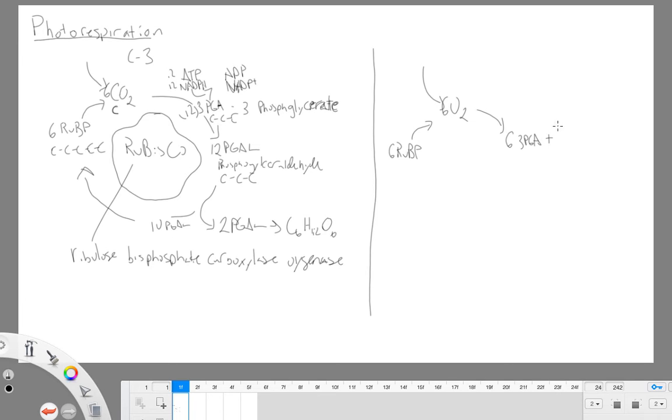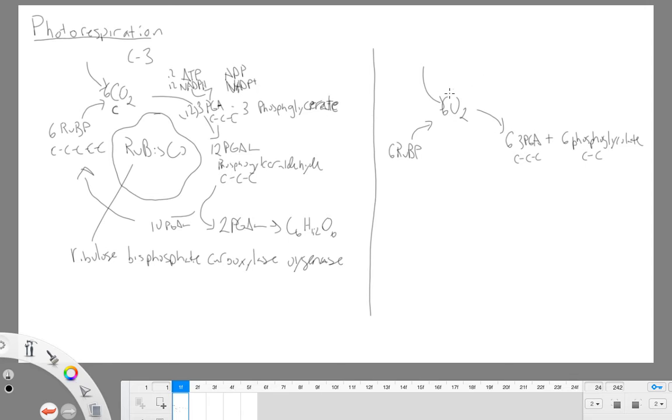and it also produces, which again, these are 3 carbons, it also produces 6 phosphoglycolates. I don't know if there is an abbreviation for that, so I'm just going to write it out. And this is a 2 carbon molecule.